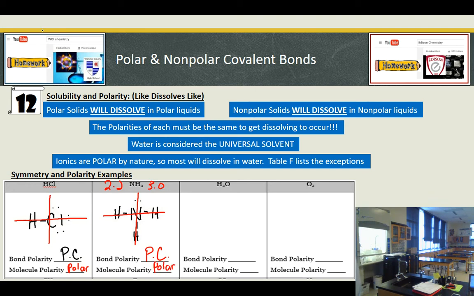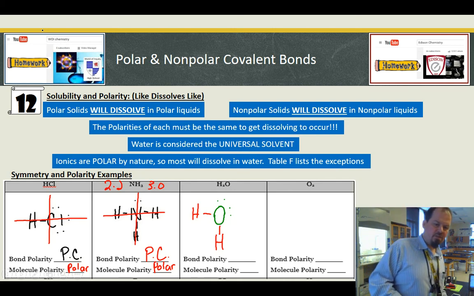Polar molecule overall. Okay, H2O, drawing them fast. 1, 2, 3, 4, 5, 6. That's going to give me an oxygen, with hydrogen there and there. Between oxygen and hydrogen, oxygen is 3.4, I think.